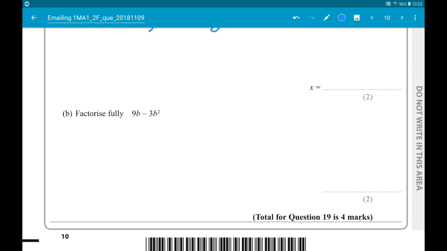And for part B, we want to factorise fully 9b minus 3b squared. So when they say factorise fully, they're giving you a clue that there is more than one type of common factor. So here we have a common factor of 3 and a common factor of b.